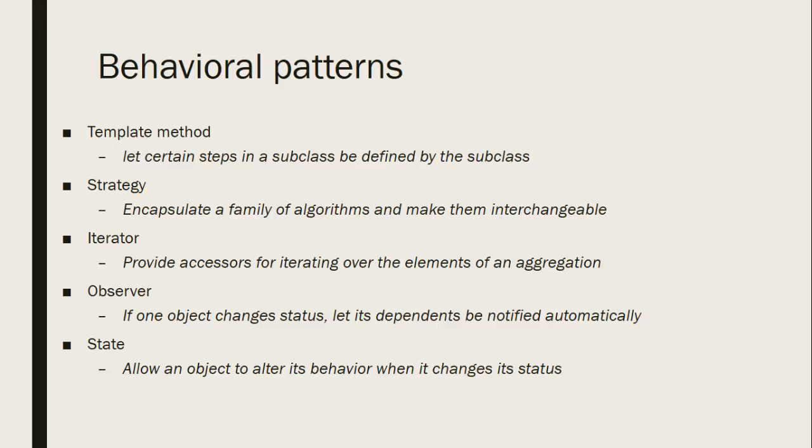The iterator provides accessors for iterating over the elements of an aggregation. Observer: if one object changes state, its dependents are notified automatically. State allows an object to alter its behavior when its state changes.